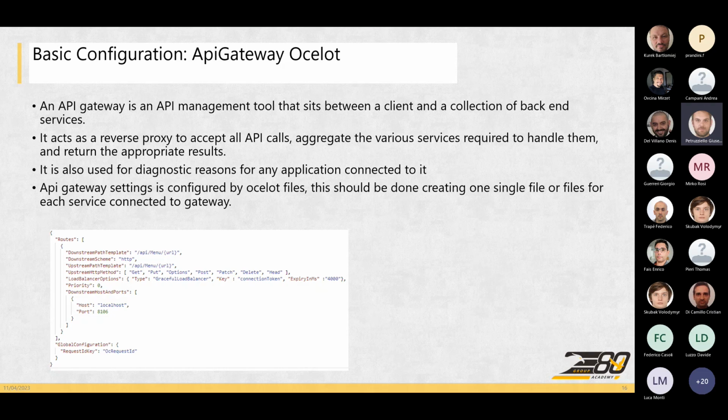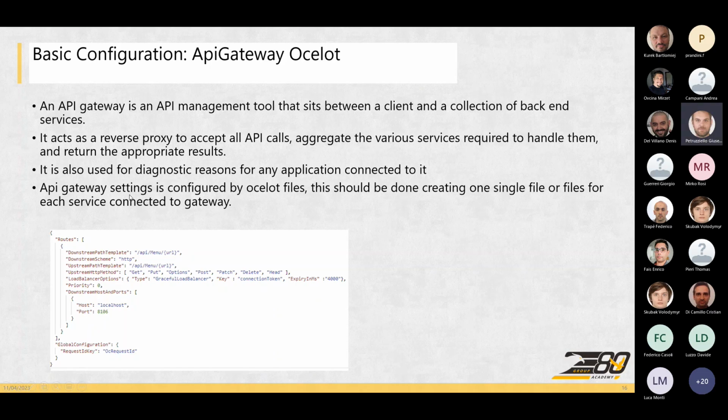Another scope of the API gateway is diagnostics, because the role of the API gateway is also to interrogate all applications and show a report about the status of all applications. You can see this status also on the web UI machine.